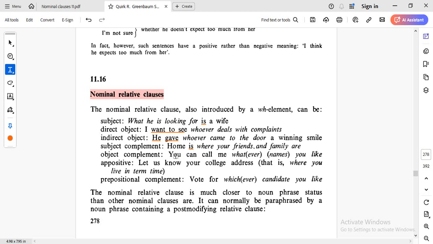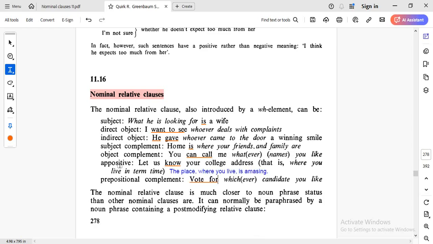Here, you is a subject, can call is a verb, the main verb of a sentence, me is a direct object, and whatever names you like, since these are between two parentheses, means they are optional, and this nominal relative clause functions as the object complement of this sentence.